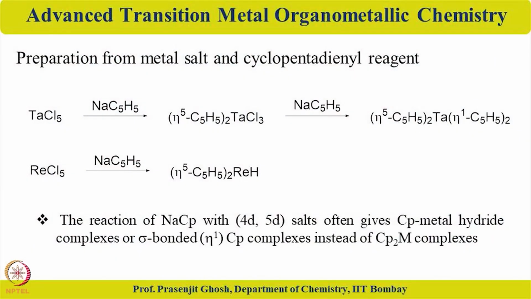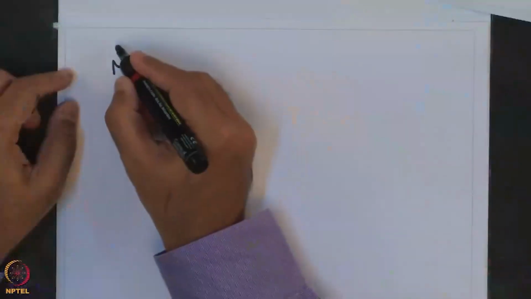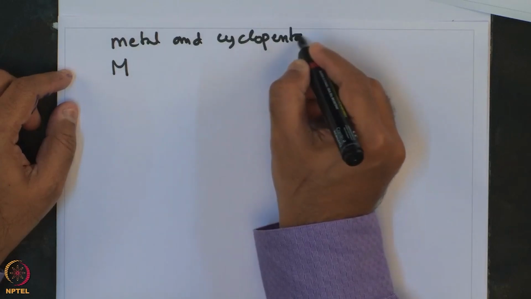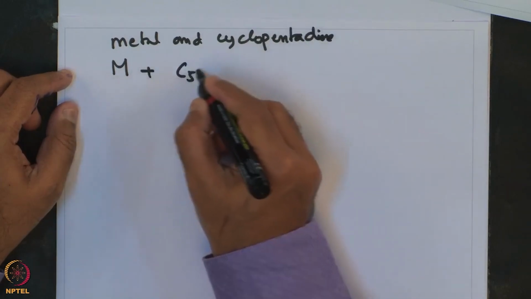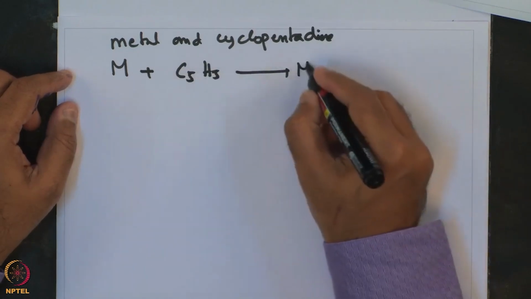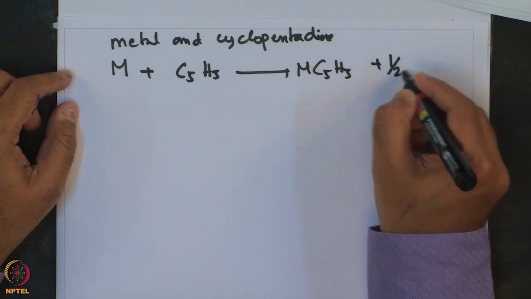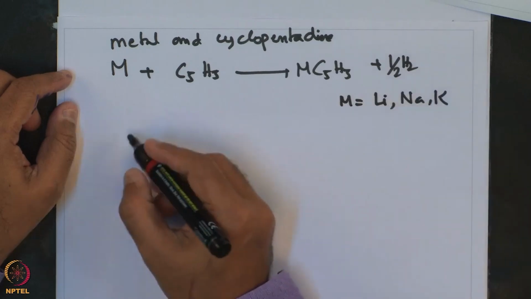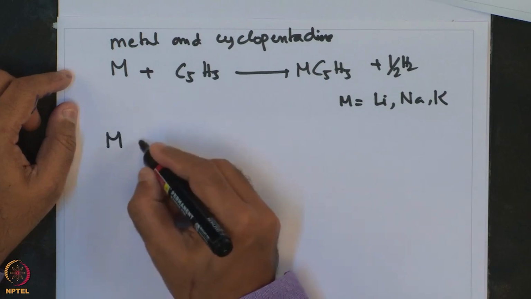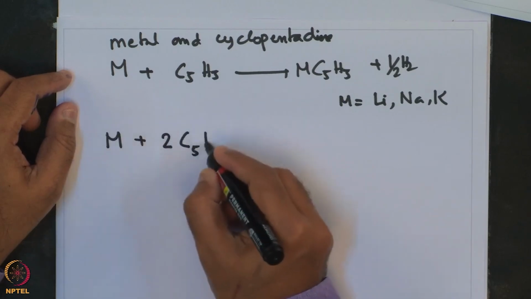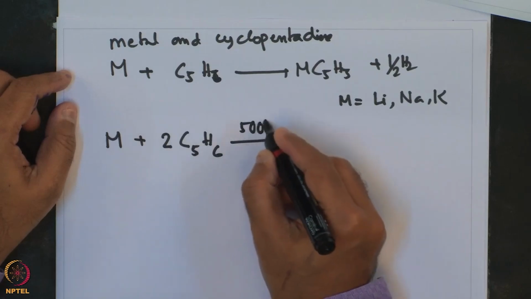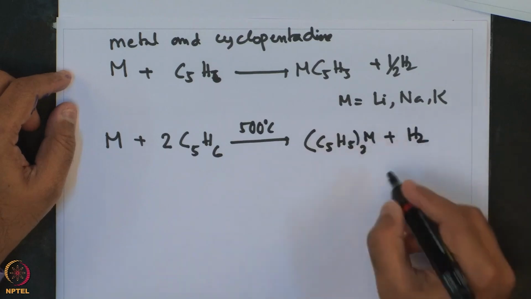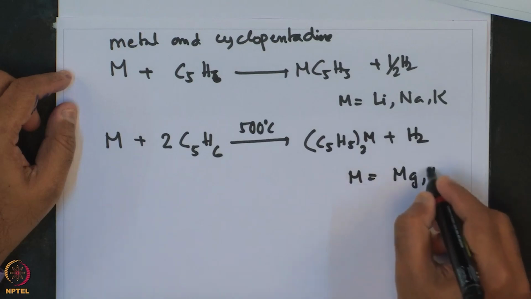Similarly, the direct reaction of metal with cyclopentadiene: M plus C5H6 giving MC5H5 plus half H2. M can be lithium, sodium, potassium, as well as metals that can also react with cyclopentadiene at elevated temperatures to give the Cp2M plus hydrogen, and in this case this occurs for magnesium and iron.